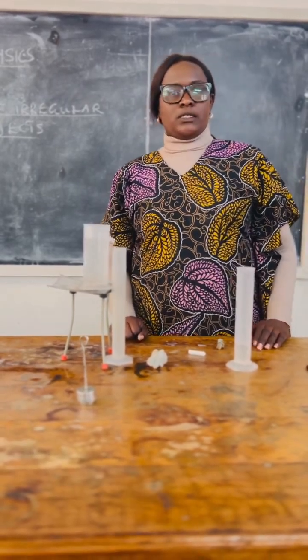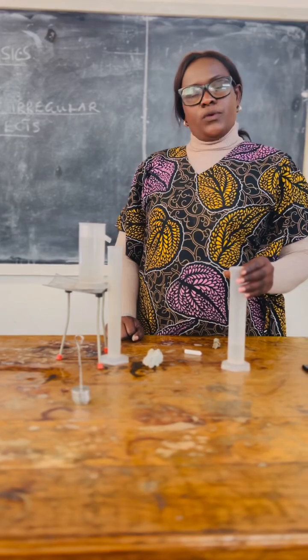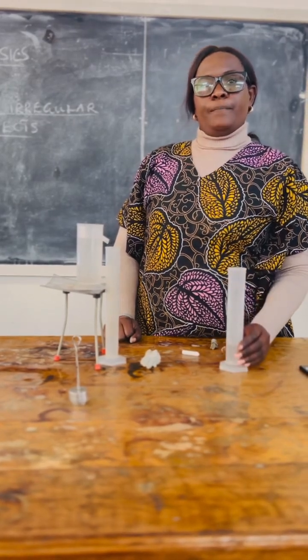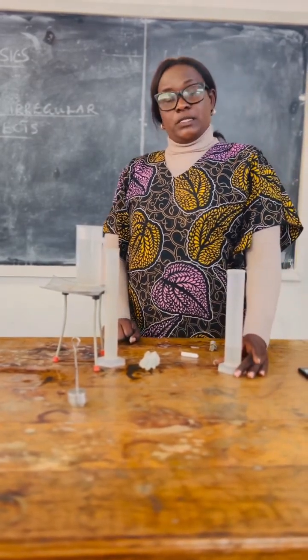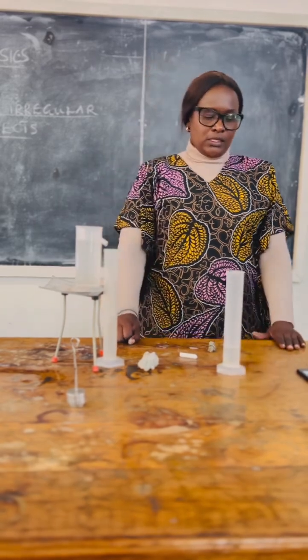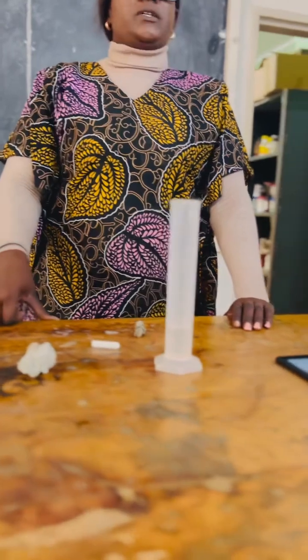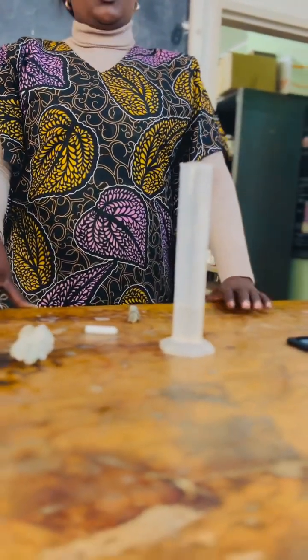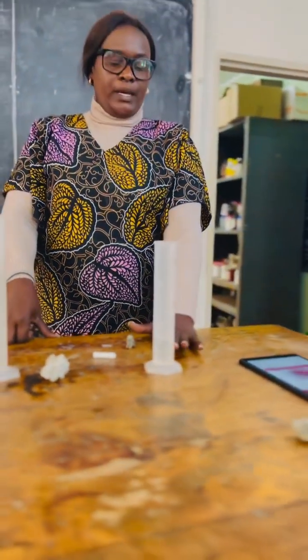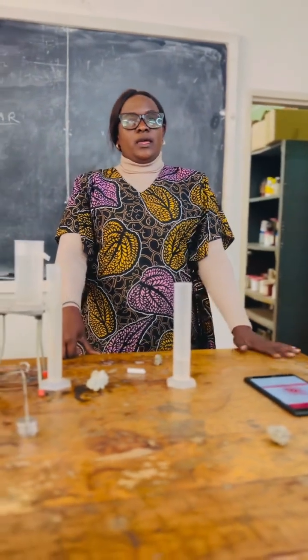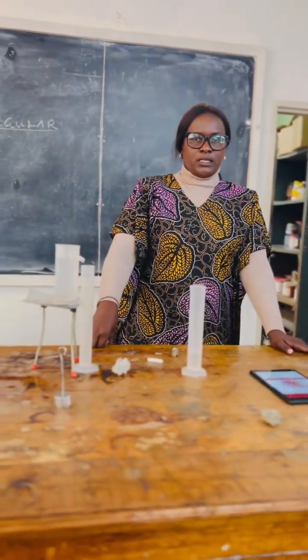I'll start with the method where you use a measuring cylinder. In this measuring cylinder, there is water, and the volume of water in the measuring cylinder is known. The amount of water which I placed in the measuring cylinder is 30 cubic centimeters.